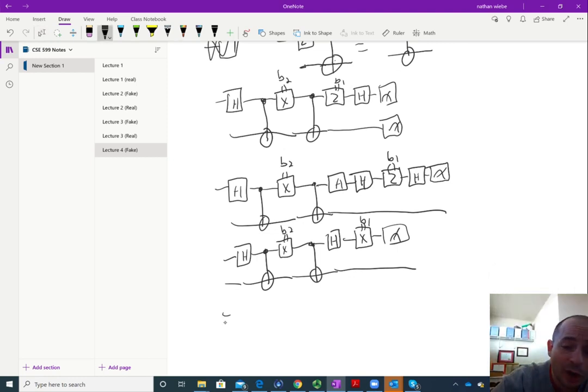Now we can use our handy-dandy property that X propagates to either side of the CNOT, which we proved earlier in the lecture.